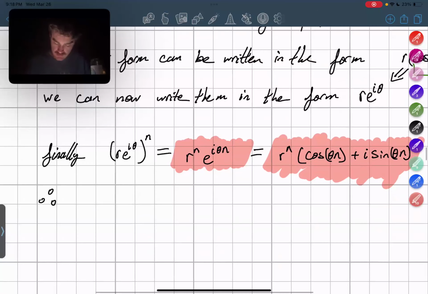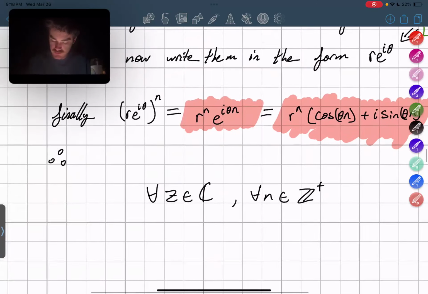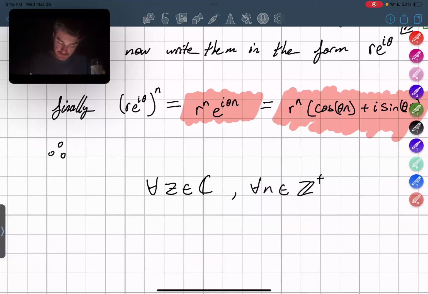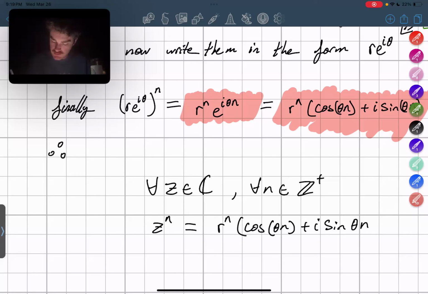And there we go. So we can conclude, therefore, that for z in the complex numbers and n in the positive integers, z to the n equals r to the n times cosine theta n plus i sine theta n.